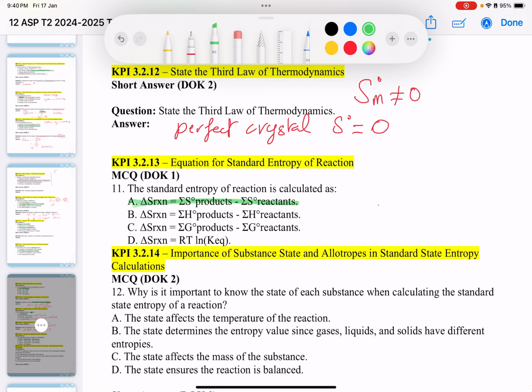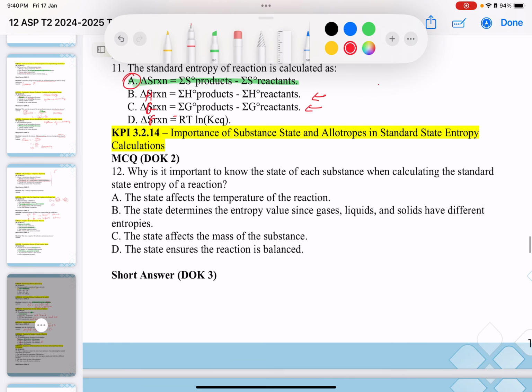You don't have to worry about it because it is given in your formula sheet. Choice B is called the standard enthalpy of a reaction, and choice C is the standard Gibbs free energy of a reaction. But anyway, they are writing it wrong. Here it should be H and G. And it's delta G related to negative RT ln K equilibrium. So the right answer is A.